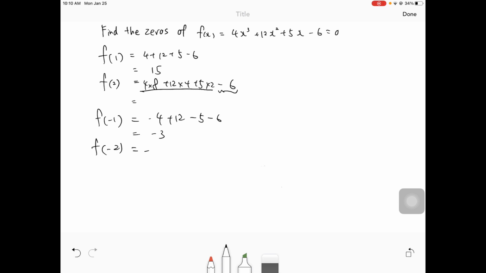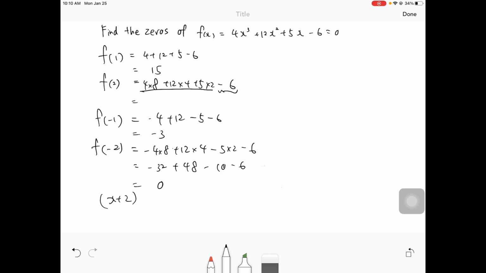Negative 4 times 8 plus 12 times 4 minus 5 times 2 minus 6, which is negative 32 plus 48 minus 10 minus 6. Oh, this is 0. So now finally you found the factor of this function, which is x plus 2.